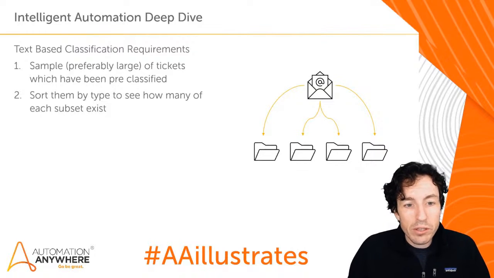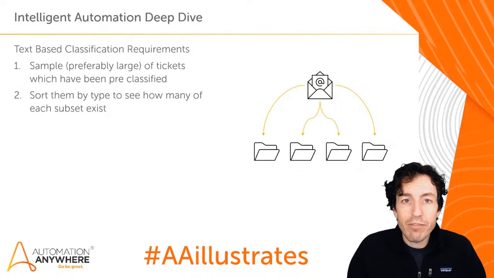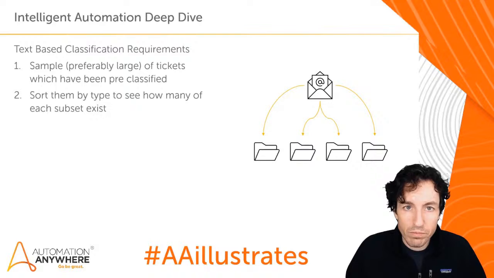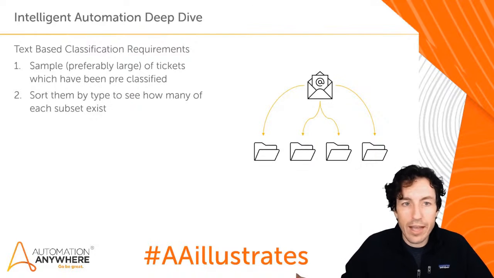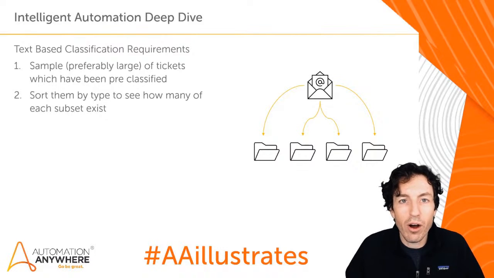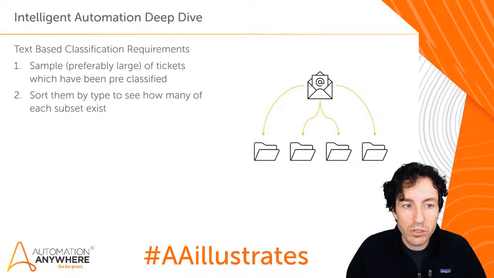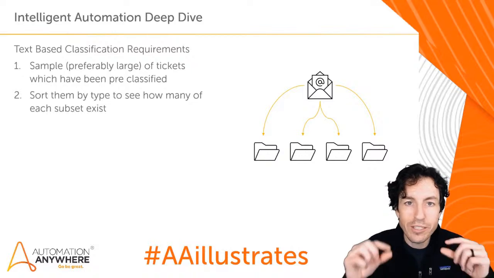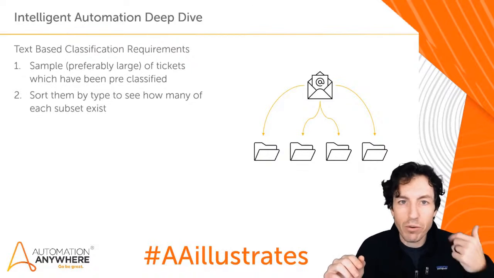Next, we'll need to sort them by their type so we know how many of each subset exist. Okay, so let's say that I got 1,000 samples, but if 900 of them are account access problems, well, I have a really small set then of the desktop hardware and desktop software.